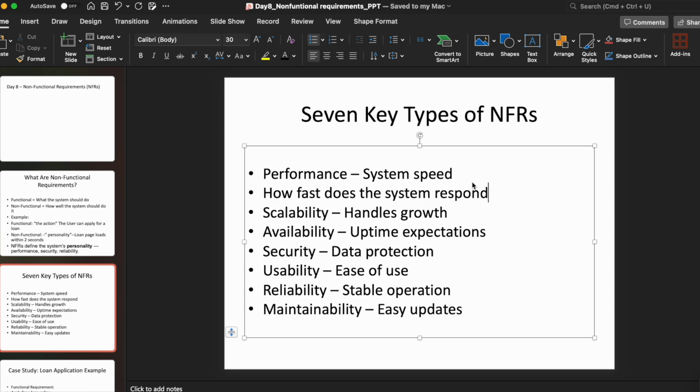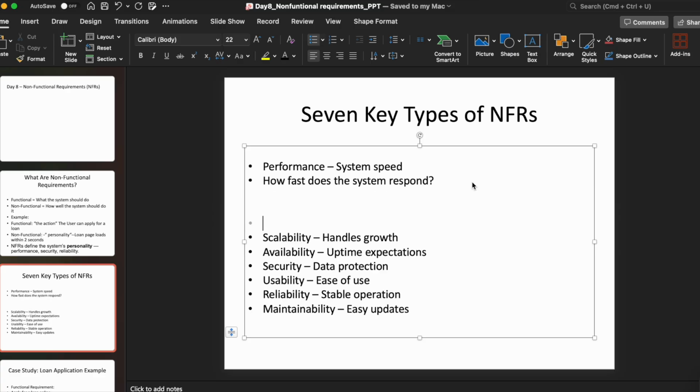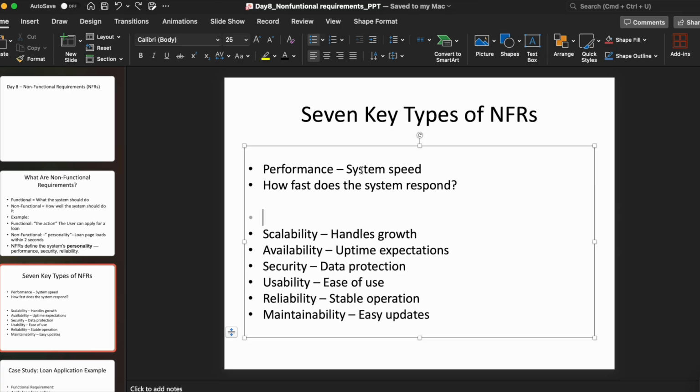This is a question you can ask during your PBR. If you are capturing it, you can include this in your user story. If you are writing technical API or backend user stories, it's performance: how fast the system should respond.